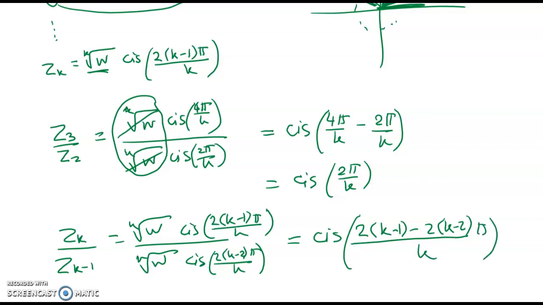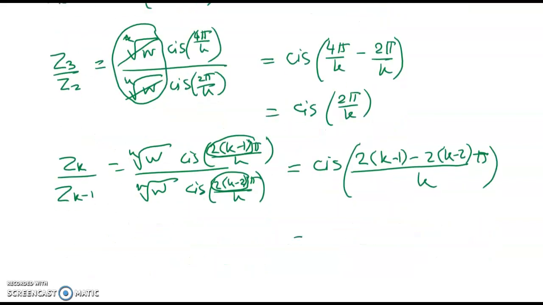Now that looks awful, but all we're saying here is that this number is going to be like 8, and this number is going to be 8 times 2 and 7 times 2. So in here, this simplifies to give me just, again, 2 pi over k, right?